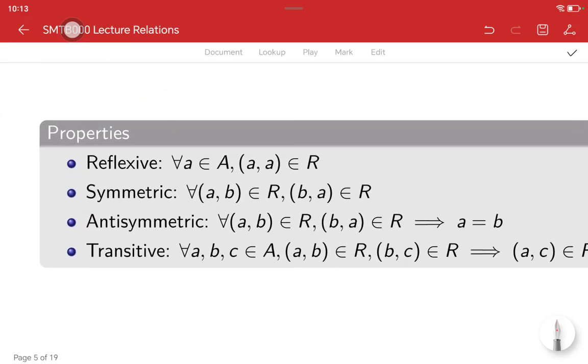So for a reflexive, we are saying that for all A element of A. First, when you define any of these properties, you must state their set, that this is taken from which set, and then it will be related if this and this happens. So here we are saying that if we take the ordered pair (A, A), which is an element of R, then this is reflexive. We say that.